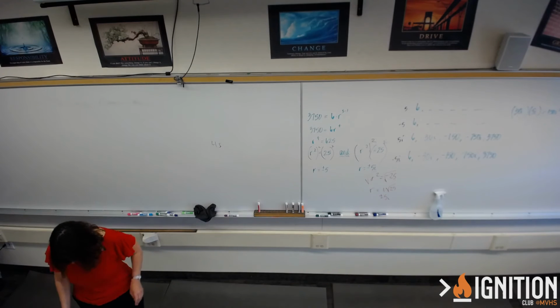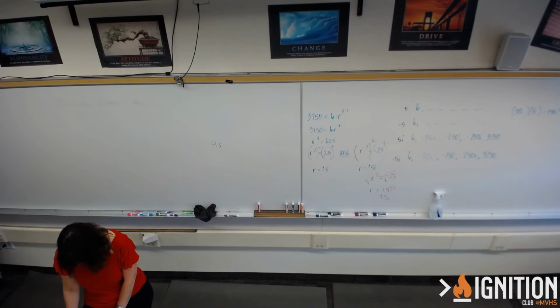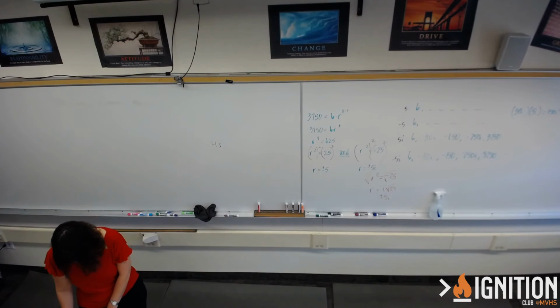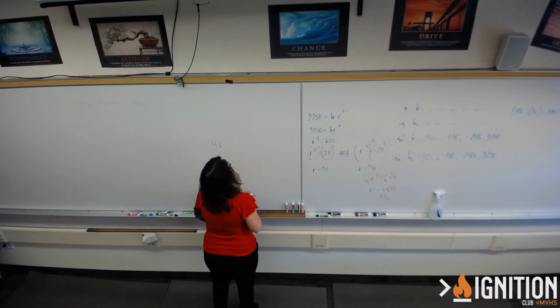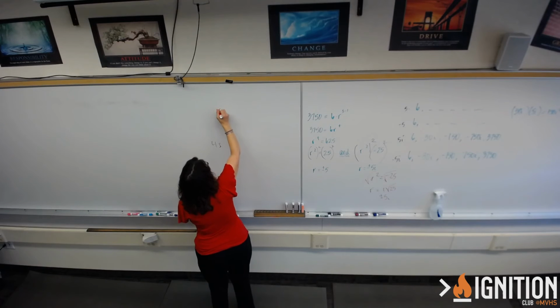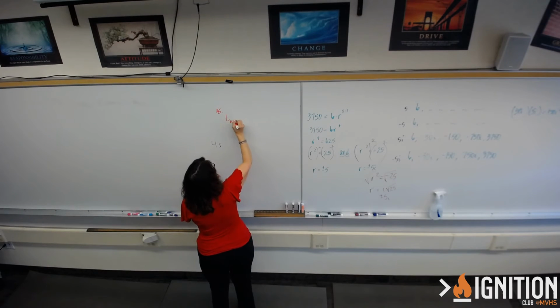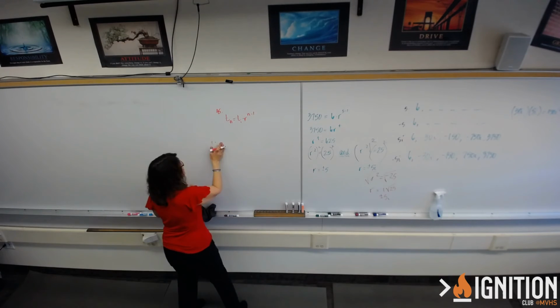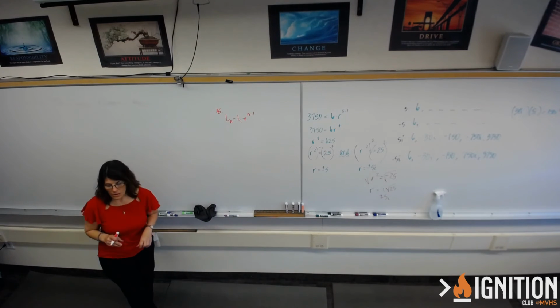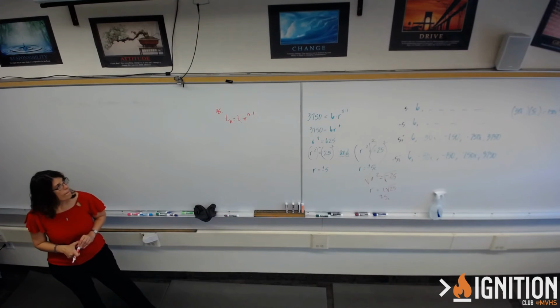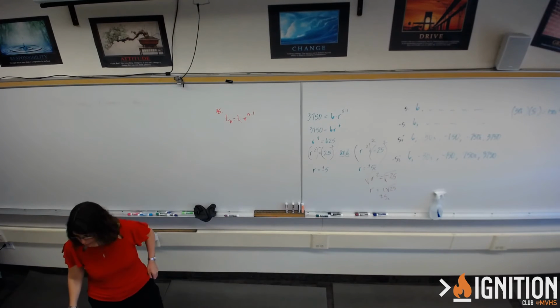Negative 1215. They're telling you what to do next. Write down the formula first.